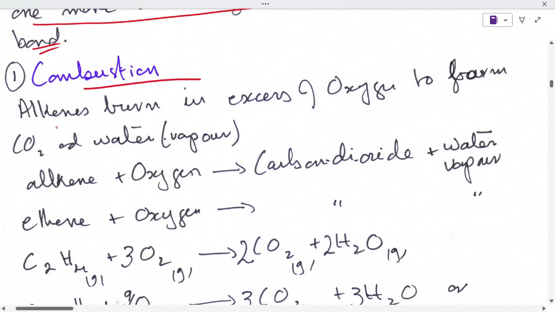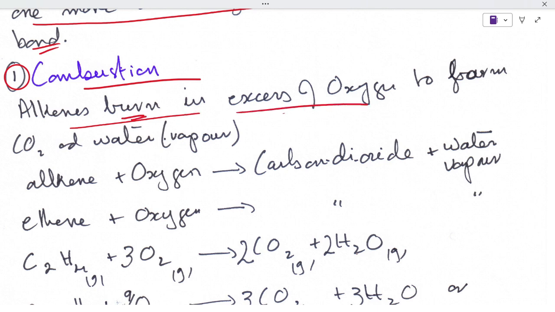As I have discussed earlier, combustion is burning of a hydrocarbon in the presence of excess oxygen to form carbon dioxide and water in the form of vapors because combustion reactions are exothermic reactions, they produce heat.